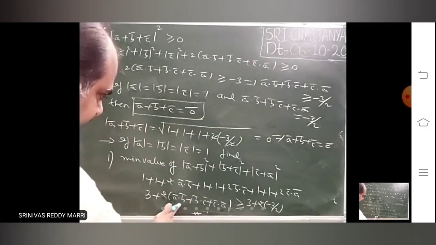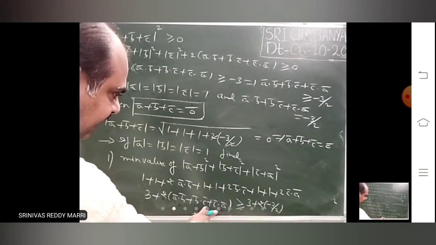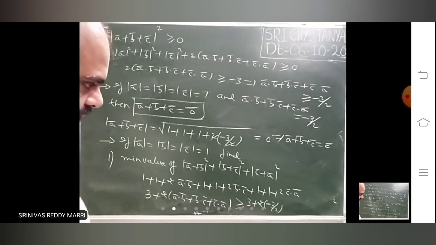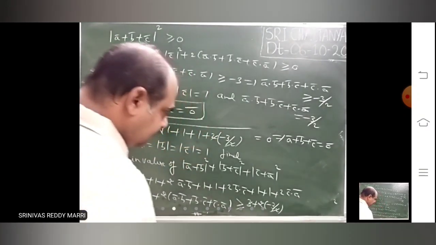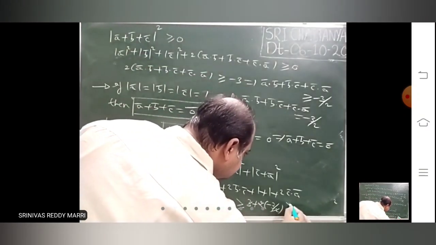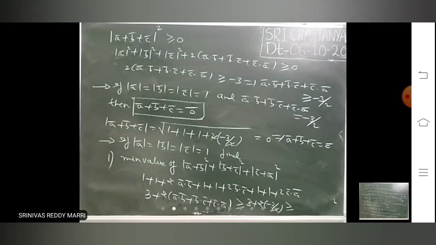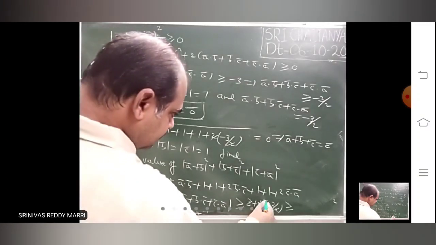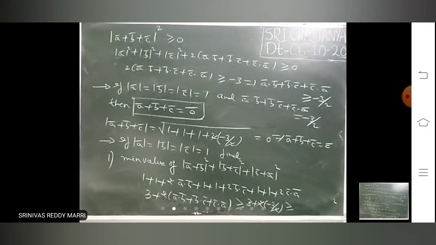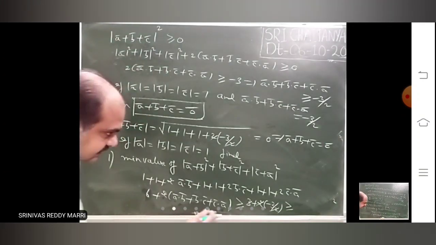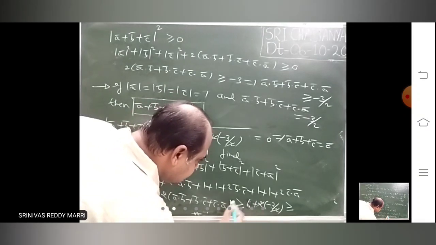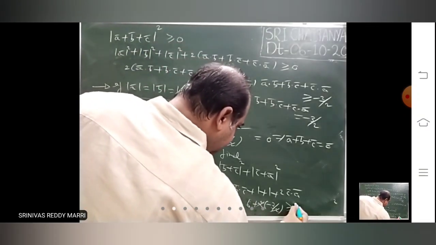So look at this, is this value greater than or equal to −3/2? That means, so 2 cancel. So this is greater than or equal to 6, so that means greater than or equal to 3.